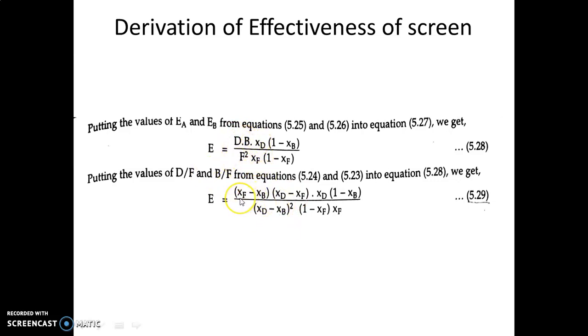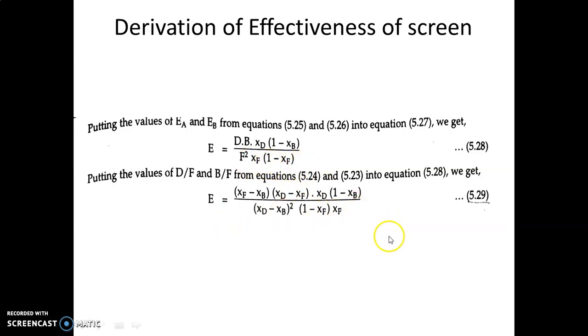So we get the equation in another form: E is equal to XF minus XB, then the value of B, that is XD minus XF, into XD, into 1 minus XB, and again you put the value of F. So it is XD minus XB, and here we are having a square, XD minus XB squared, into XF into 1 minus XF.